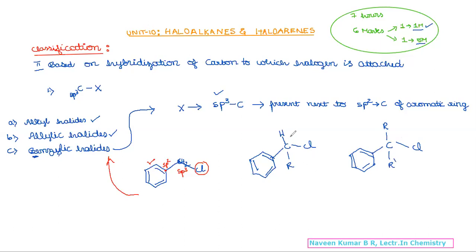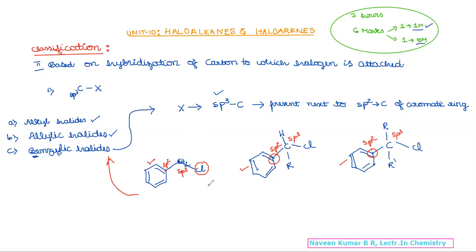Now this carbon is present in sp3 hybridization. This carbon is also present in sp3 hybridization, which is present next to a double bonded carbon, that is an sp2 hybridized carbon belonging to the aromatic ring. Hence they are called benzylic halides.